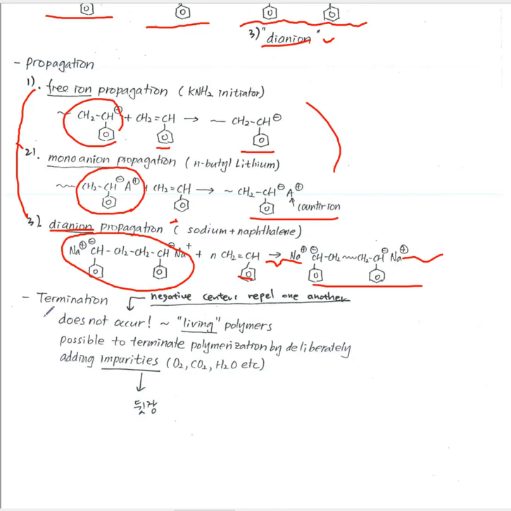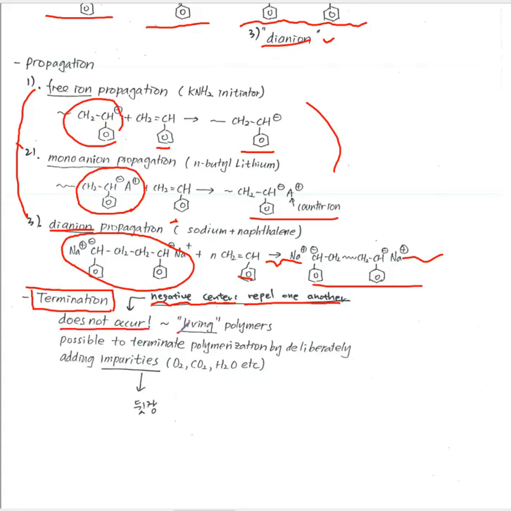And the most important thing about anionic polymerization is the termination step. Since each of these polymer chains has negative charges, without any impurities or other species, these negative centers cannot terminate with each other because of electronic repulsion.